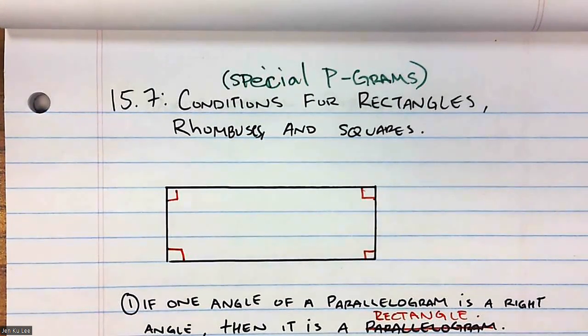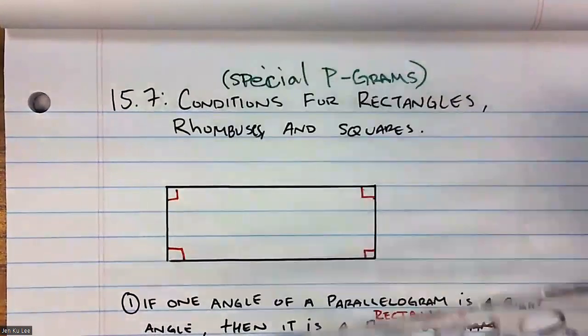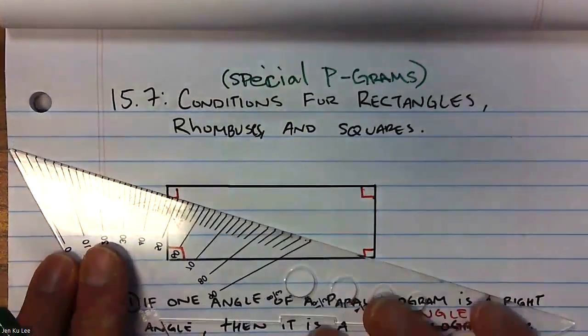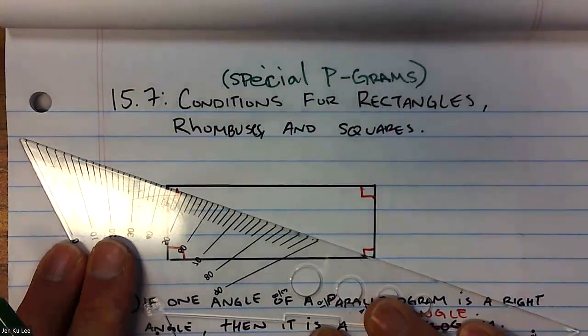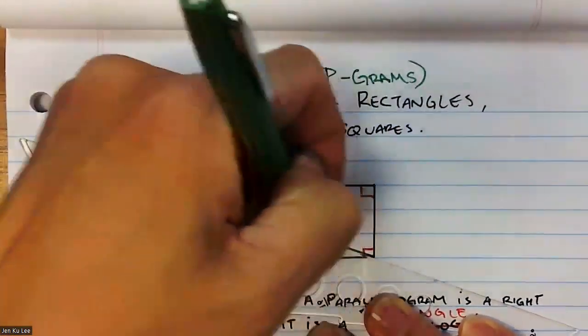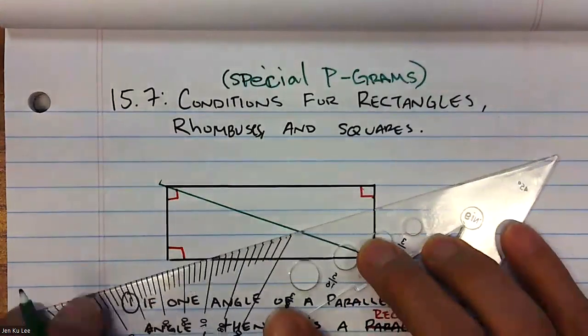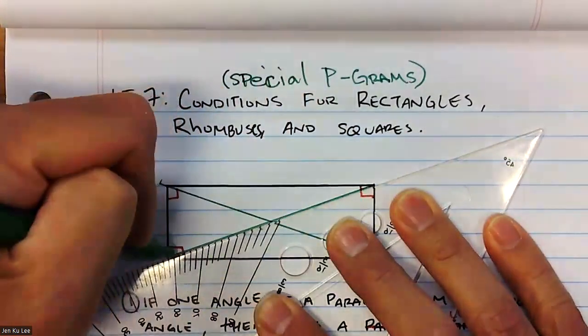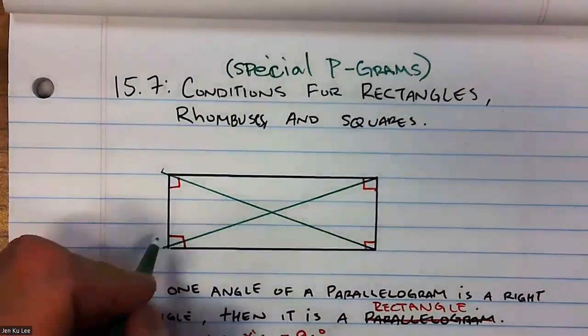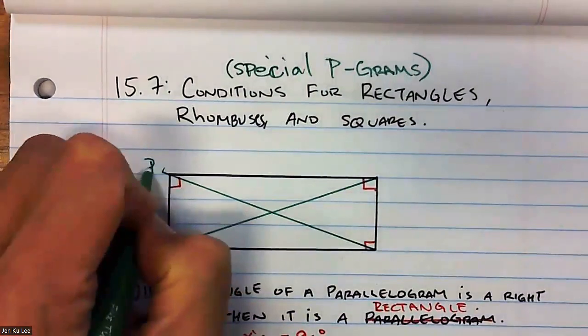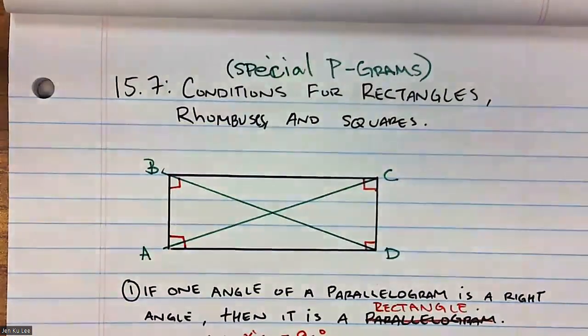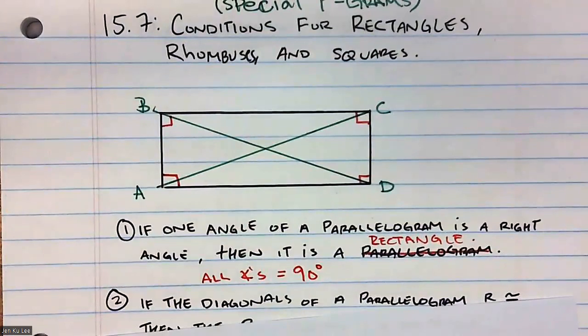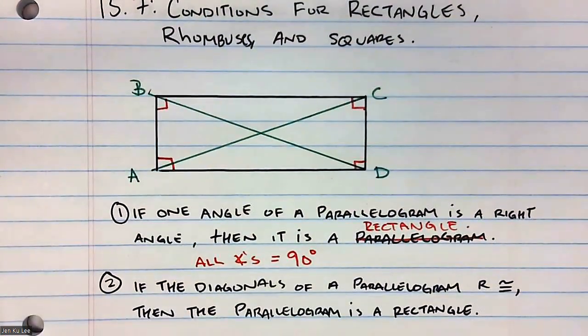The next one, what's so special about a rectangle is when we draw the diagonals, the diagonals are going to be congruent. Okay, so A, B, C, D. So that's my next rule, or my next characteristic here.